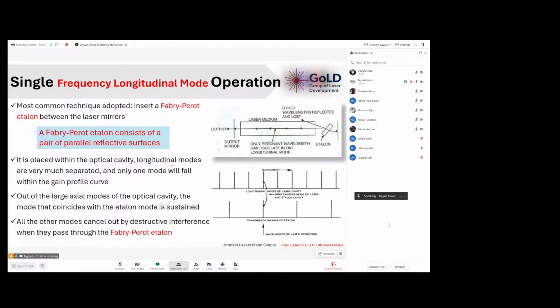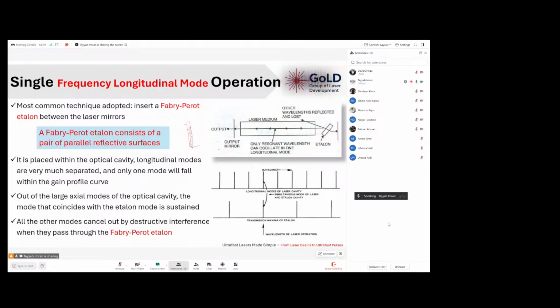The separation between them is very, very narrow. When light enters, it has a number of reflections, and then it can go out. This kind of arrangement we call a Fabry-Perot etalon.